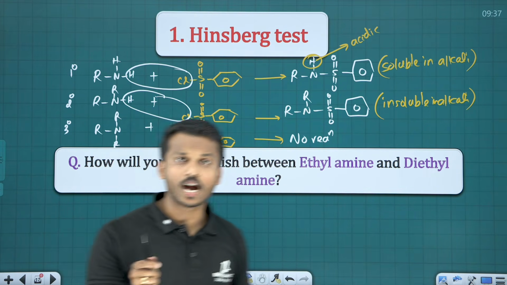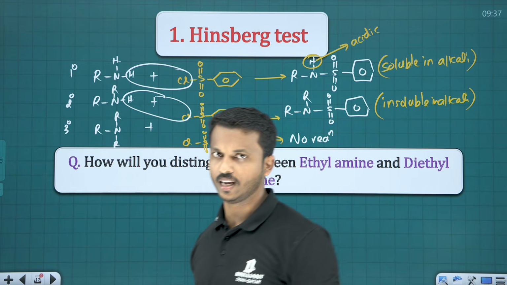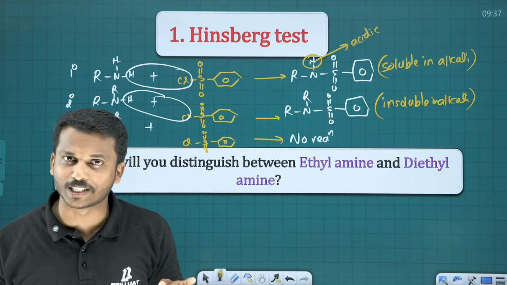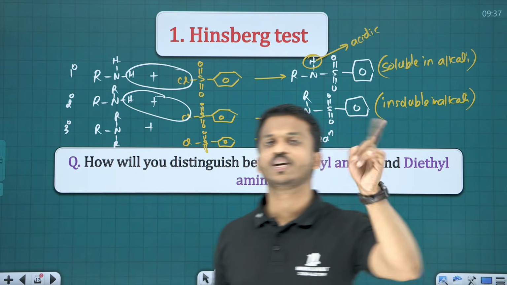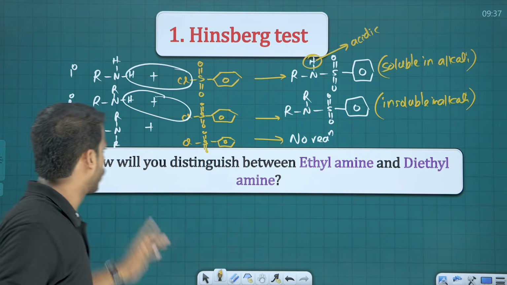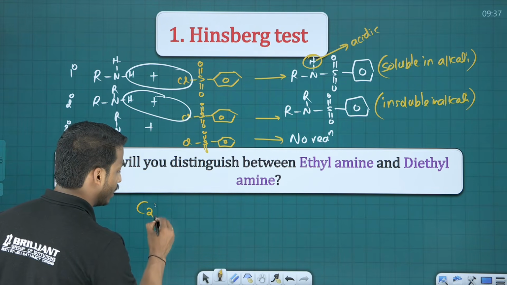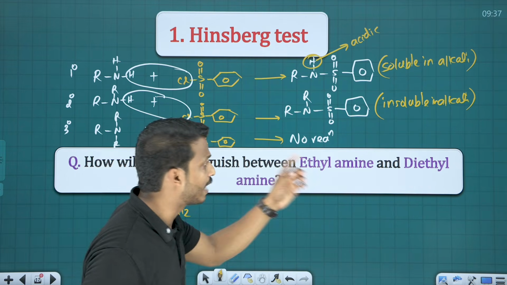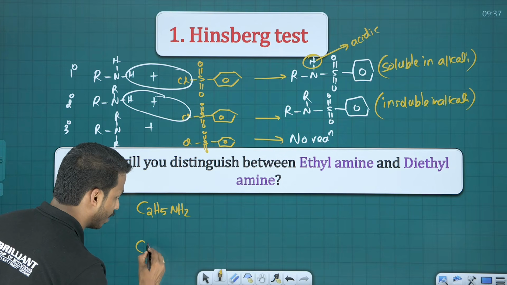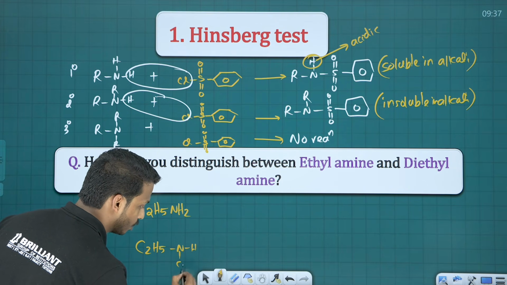So, primary amine reacts with the Hinsberg reagent, we get a product which is soluble in alkali. Secondary amine reacts with Hinsberg, we get a product which is insoluble in alkali. Tertiary amine does not react with the Hinsberg. So question, how will you distinguish between ethyl amine, C2H5NH2, and diethyl amine, C2H5NH C2H5?